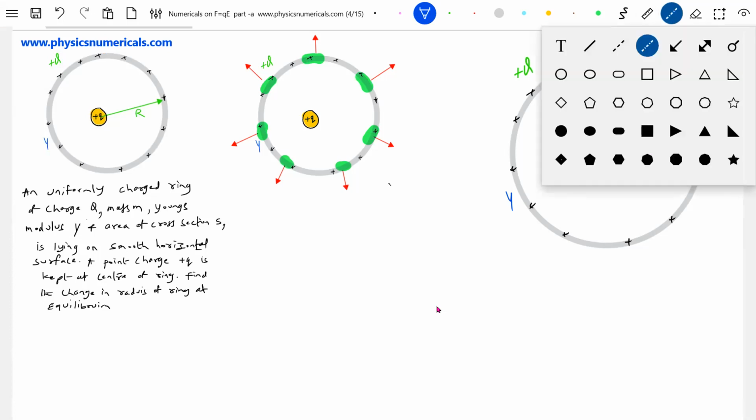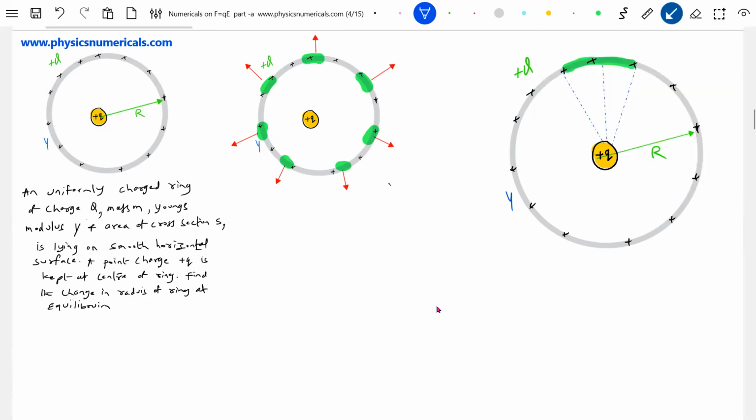Then how should the elastic restoring force act? The elastic restoring force should act tangentially. Now, why should we show it this way? Why not any other direction? So let this be phi.